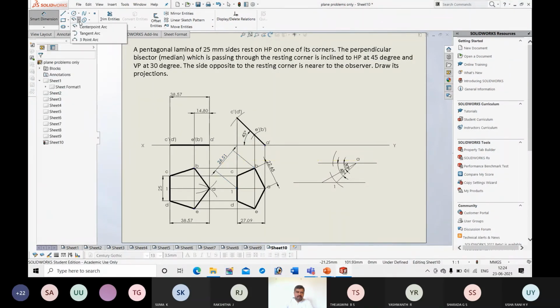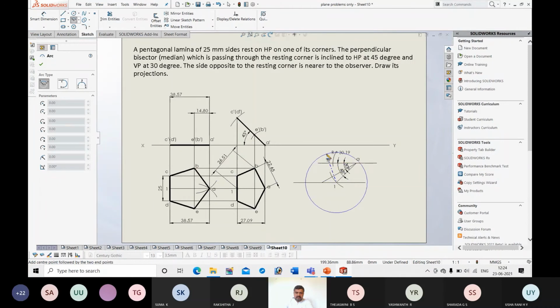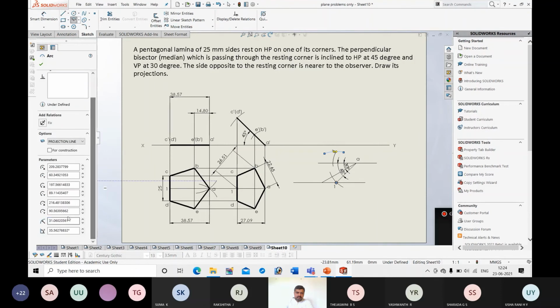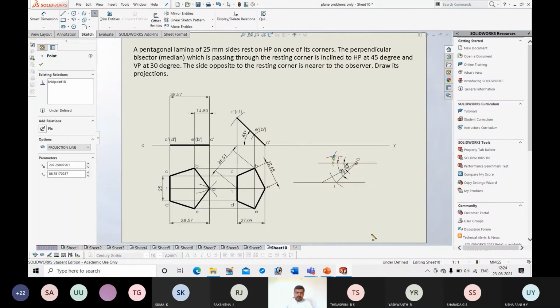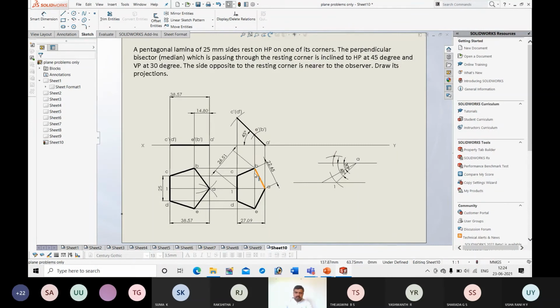So from 1 as center and 26.51 as radius, I will draw one more arc. This point is B. I will name it as B.